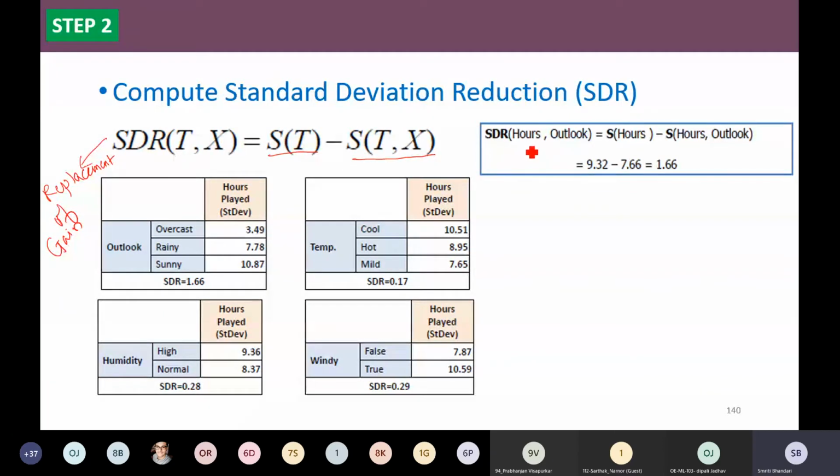SDR: hours is the target attribute and outlook is the attribute under consideration. For every attribute we are going to compute this SDR.